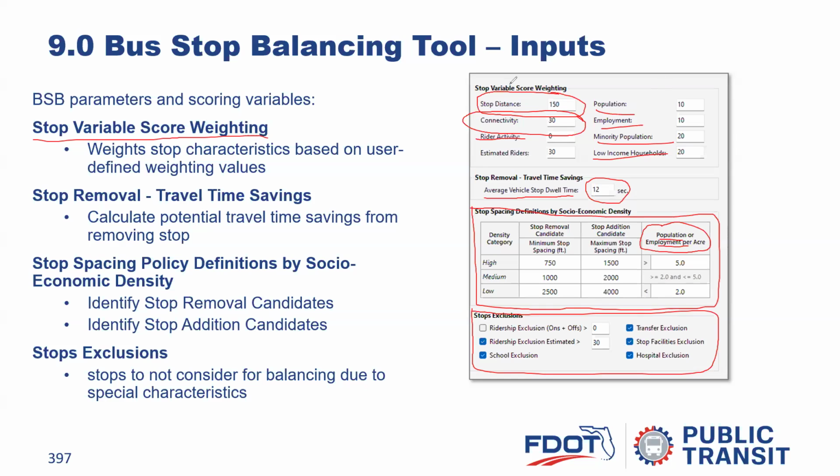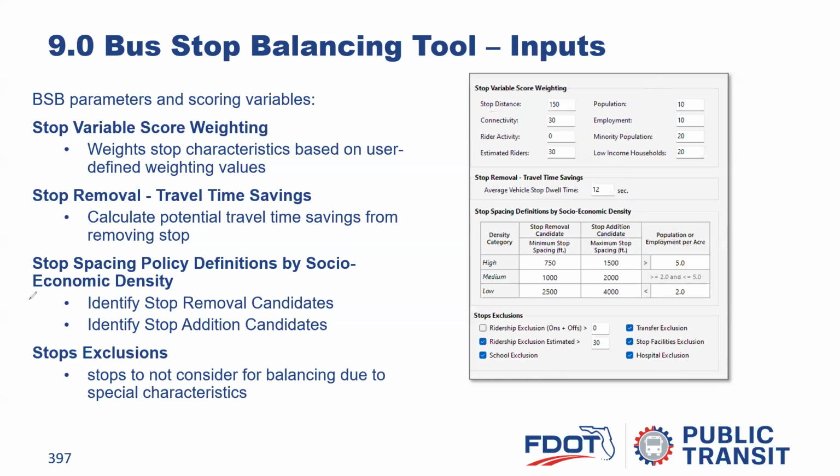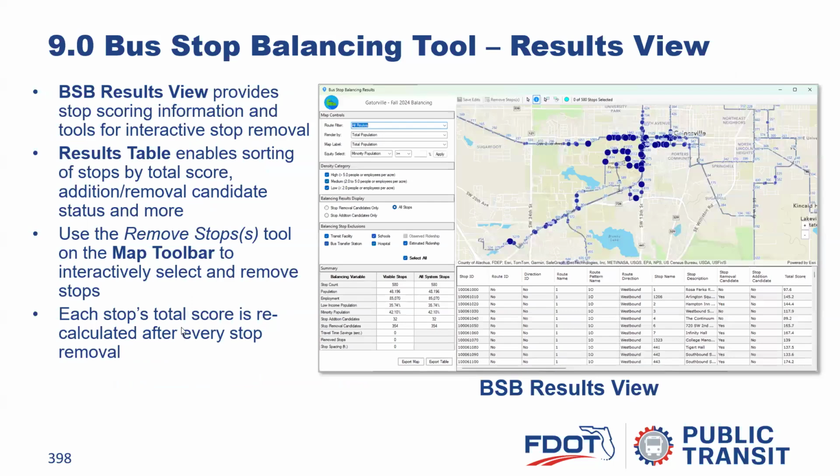So all of these kind of combine to help us determine what we want to remove and not remove. Okay. So once we have set all this up, we run it.